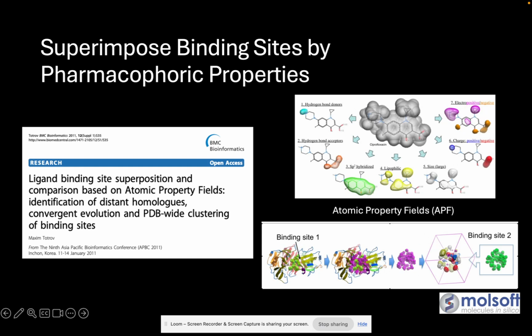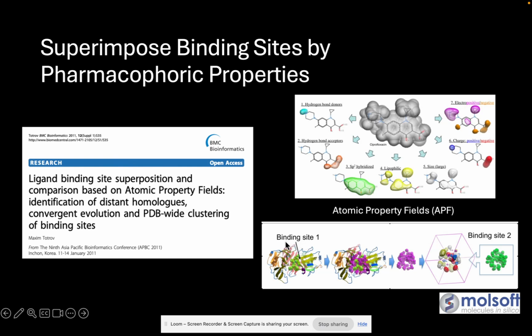So this is a ligand binding site superposition and comparison method described by Max Totchoff, who's our Chief Technology Officer here at Molsoft. Originally, it was developed for small molecules, so you can superimpose small molecules based on these 7 pharmacophoric property fields, but it has utility for ligand binding site superposition.